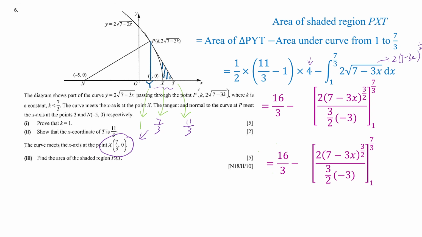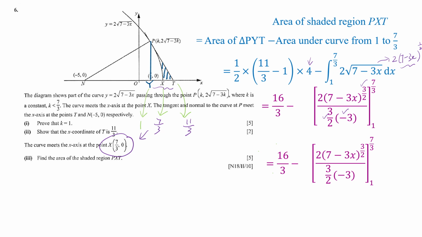Half plus 1 gives you 3/2. Divide by 3/2, and divide by the differentiation of 7 minus 3x, which is -3.